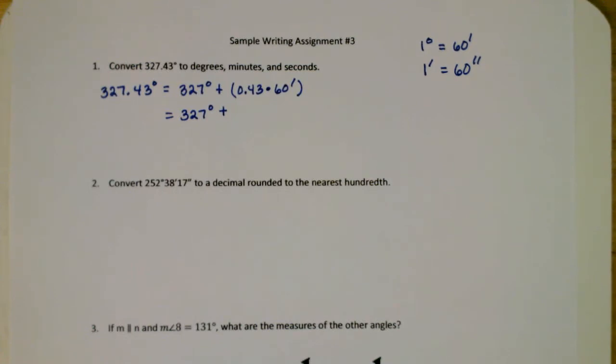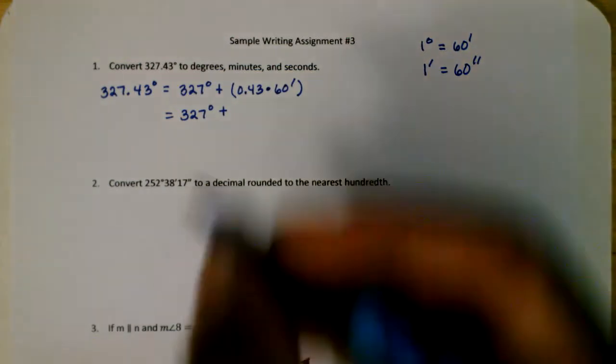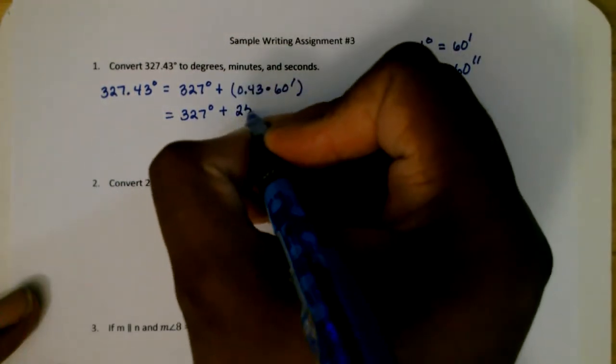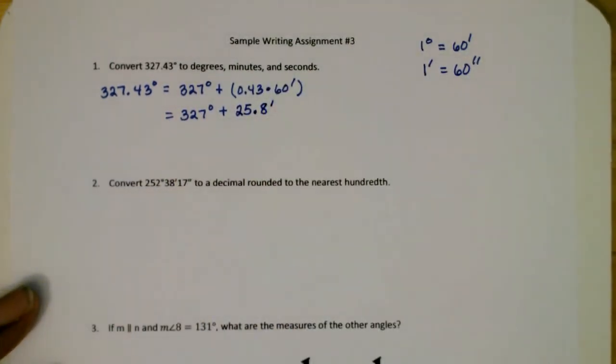If we do 0.43 times 60, that would give me 25.8 minutes. So this would be 25.8, and that would be in minutes.